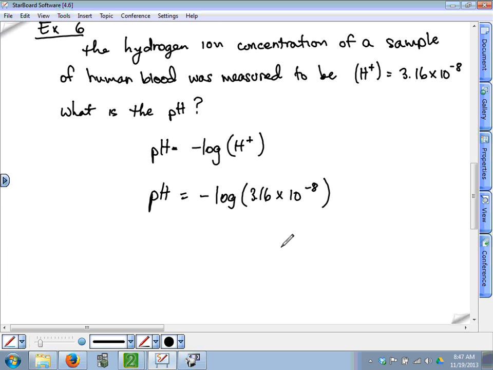Anyway, we're going to have to invoke the law of one of the logarithms we learned about. What type of a thing are we doing inside this logarithm? We're multiplying, right? Isn't this a product? It's 3.16 times 10 to the negative 8. So this is equal to negative. Now notice I put this in parentheses because we're expanding. So this is negative log of 3.16 plus log of 10 to the negative 8.